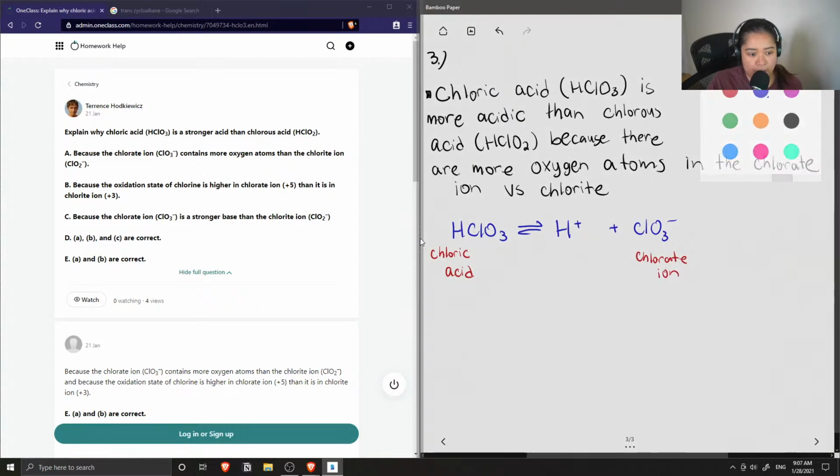And then let's compare it to the chlorous acid dissociating into its ions, H plus and the chlorite.